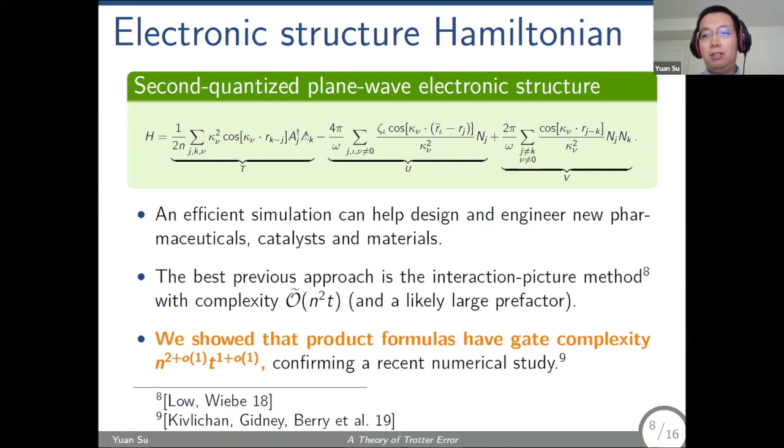On the other hand, the kinetic operators are not very easy to implement. So the idea of the interaction picture algorithm is that you directly exponentiate the easy part. This part is very easy to exponentiate, but this part is not that easy. So you switch to the interaction picture and invoke something called the Dyson series algorithm to simulate the time-dependent Hamiltonian in this interaction picture.